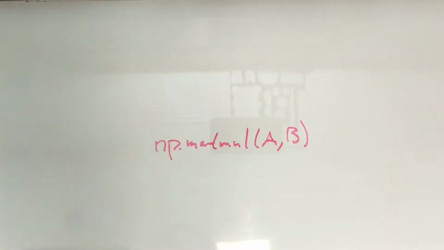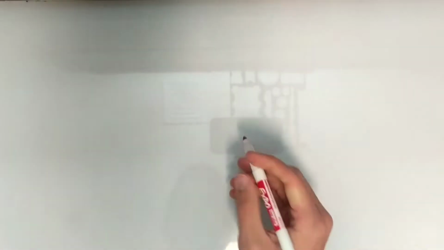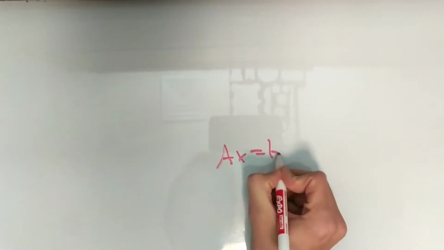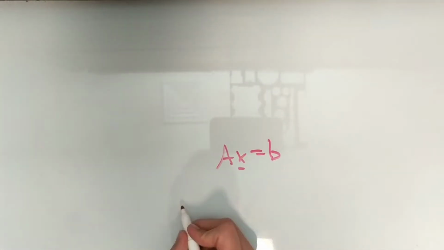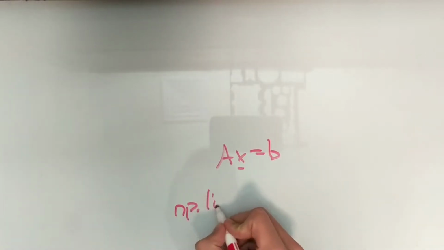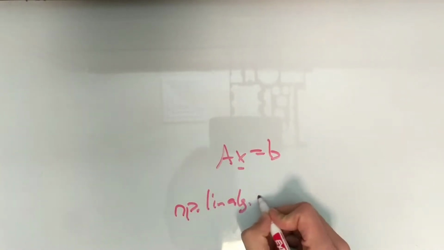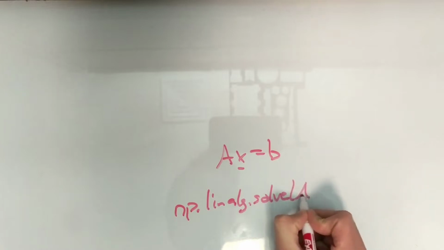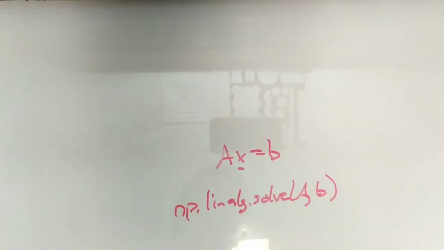For problem 3, part 1 is pretty similar to what we did a couple labs ago, where if you just have Ax equals b and you want to find x, then the way to solve that with matrices would be np.linalg.solve a, b. And so that's where you put your matrices to solve for that x, or in this case, that beta.